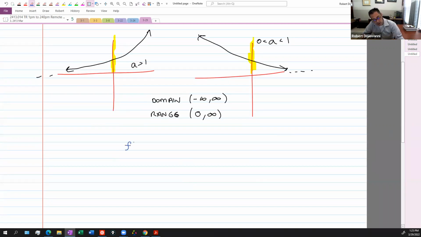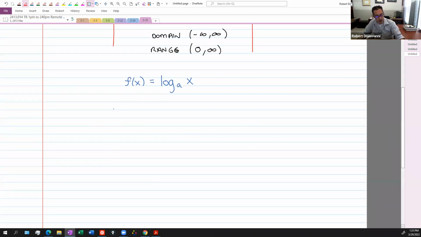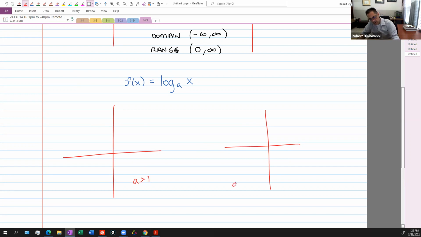Now, when you look at a logarithmic function, which is an inverse of an exponential, you have two possibilities here as well. If A is bigger than 1, and then here if A is between 1 and 0. If A is bigger than 1, your graph looks like this. If A is between 0 and 1, this is what it looks like.